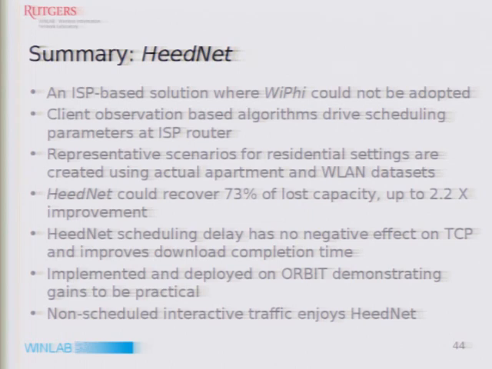So, the last one here: we saw no negative delay effect on the TCP, and actually the completion time for transfers was better. So we show that it's not only feasible in theory, but it could also be implemented in practice. You see some gains, and non-scheduled traffic can also enjoy HeedNet.